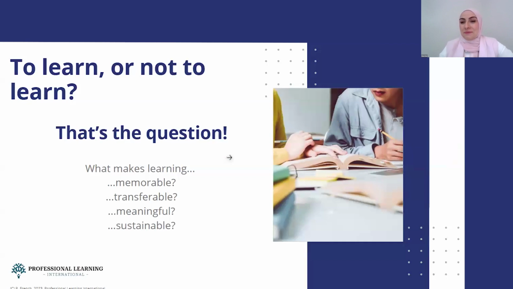Depending on the content I'm giving, depending on what I prepare for them, depending on whether I'm going to really trigger their curiosity and their thinking, they decide whether they want to learn in that session or not. But the real question is, what makes learning memorable, transferable, meaningful, and sustainable?